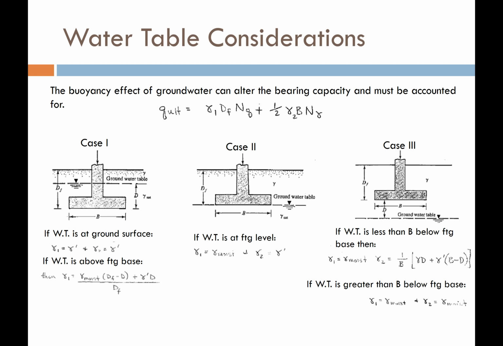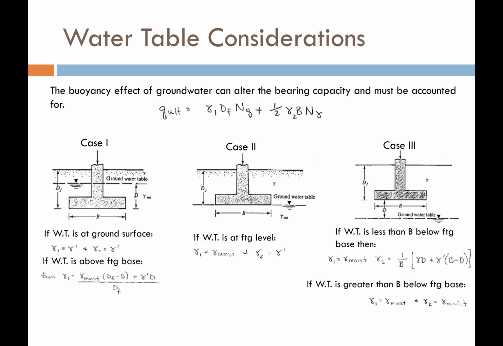Now, a couple more things we need to consider. You have to remember that bearing capacity, folks, is an effective stress phenomenon, which means that we have to account for pore pressures. All of these stresses that we're dealing with have to be effective stresses.